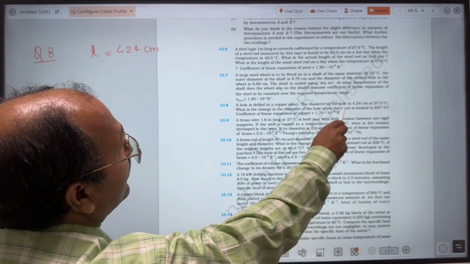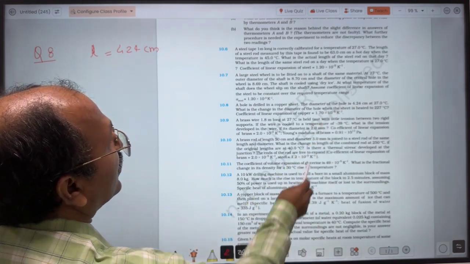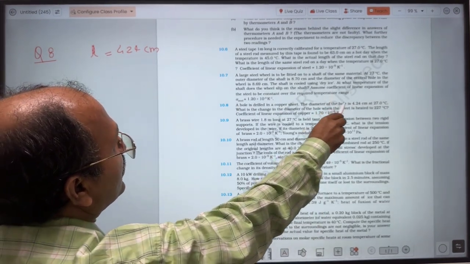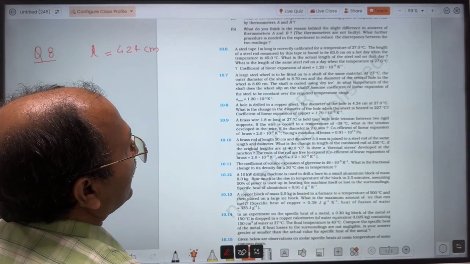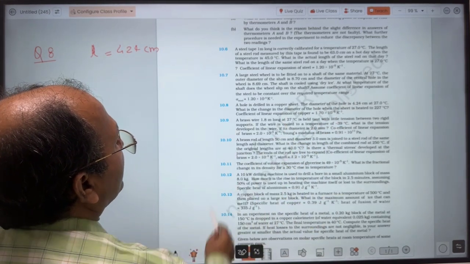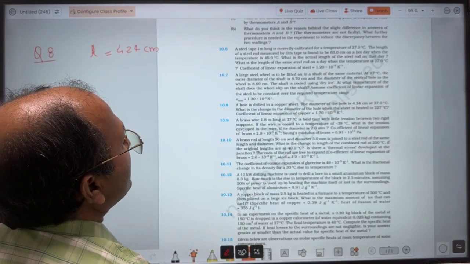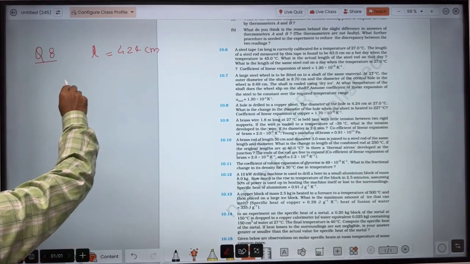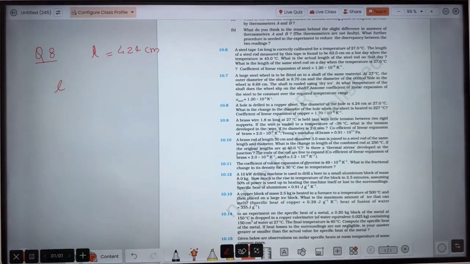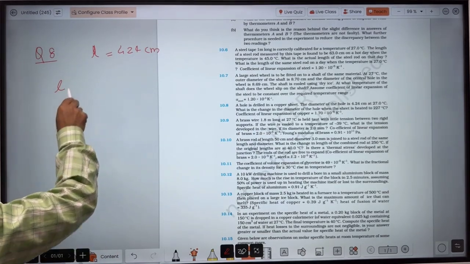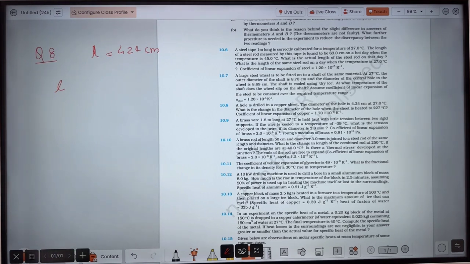See, it is 227 degree. So what is the change in temperature here? 227 minus 27, that is 200 degree centigrade, and alpha is given. So you can easily find it. So apply the formula. This is the diameter, so the change in diameter we have to find out. Let's apply the normal formula.